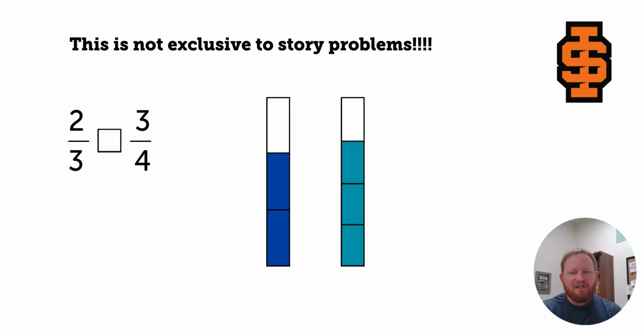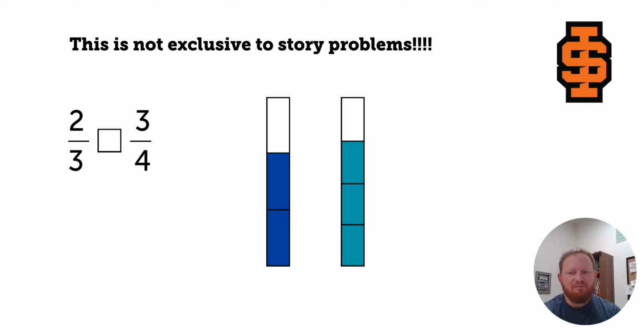I did that because when we think about models and representations in math classrooms, we normally think of story problems, of drawing a scenario. Teachers will regularly ask students to draw a picture when doing a story problem. The point I'm trying to make is that models and representations are not exclusive to story problems.